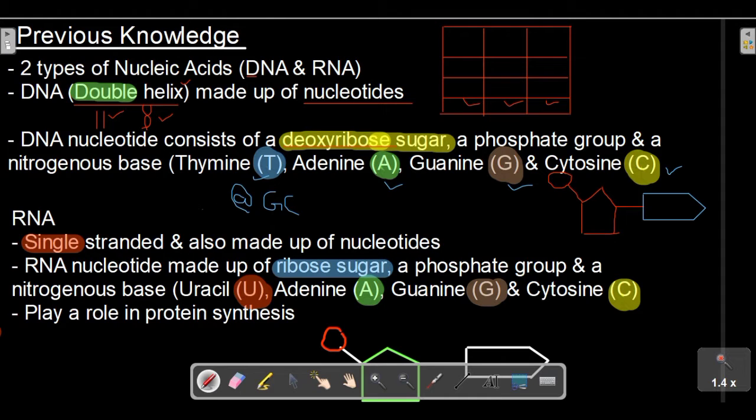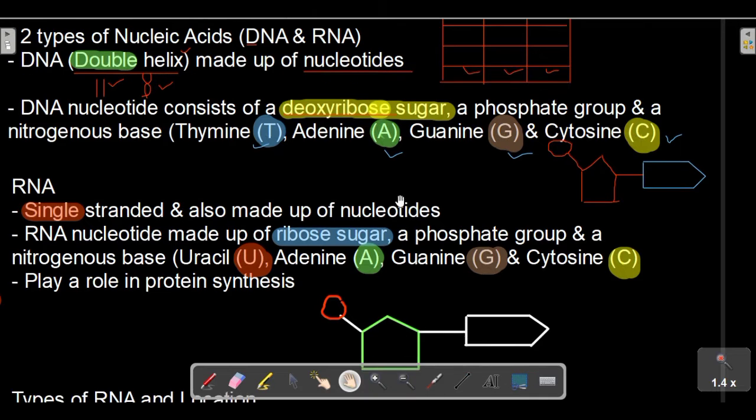The AT, of course, is ANT. So we know that adenine always bonds with thymine, and guanine always bonds with cytosine. Okay, so that's what we were saying, describing the structure and its functions.